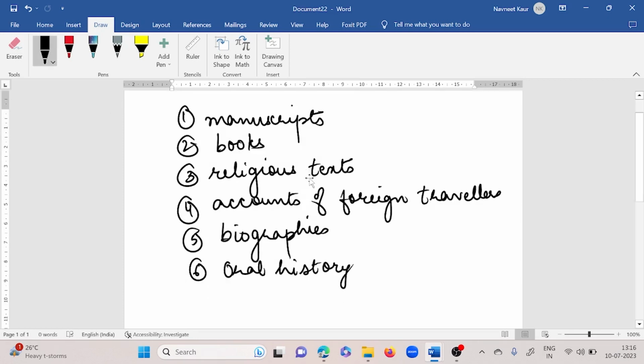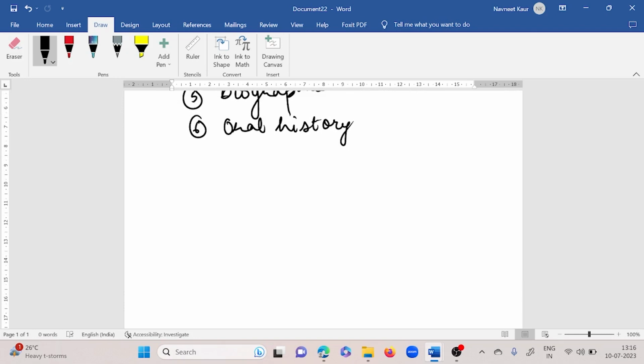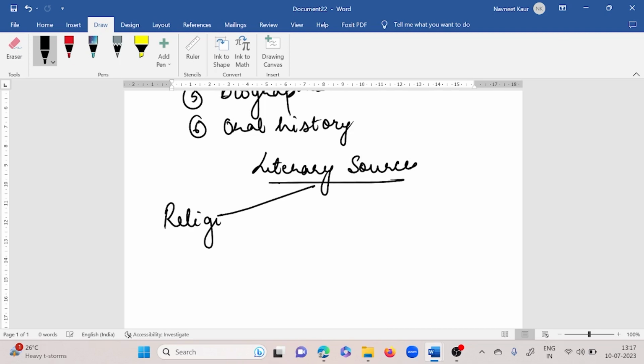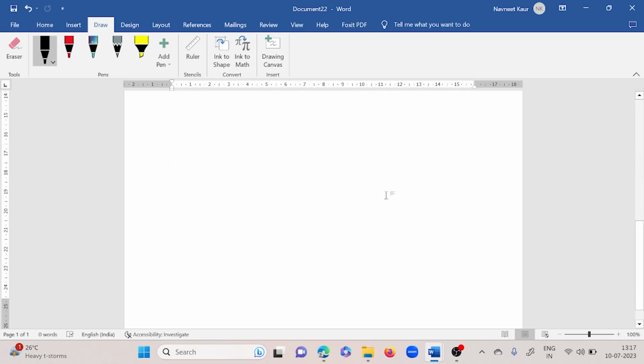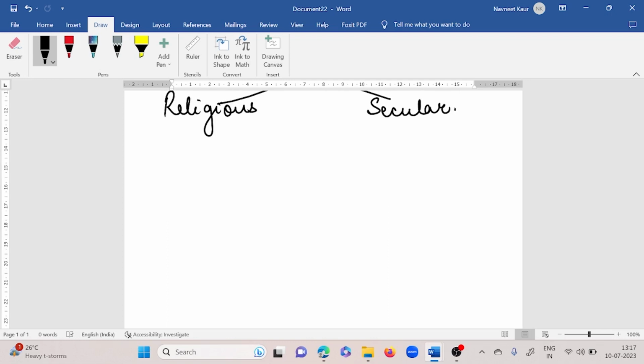Mainly, the literary sources are of two types. We divide them mainly into two types. One is religious and another is secular. Fine. So now let's talk about the religious sources, religious literature.